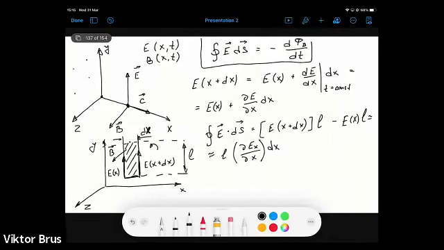Okay, so this is the left side of Faraday's equation.